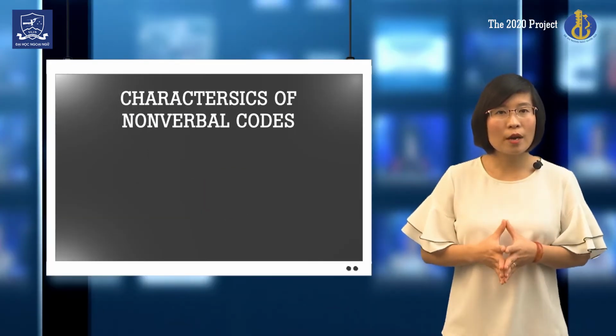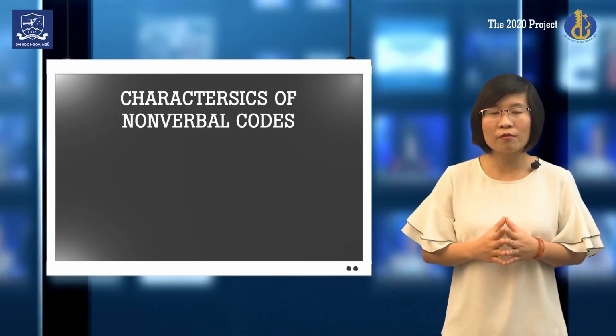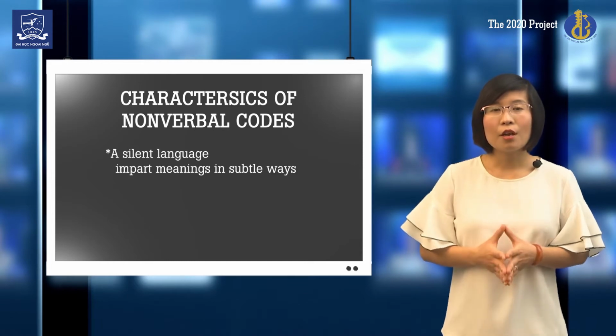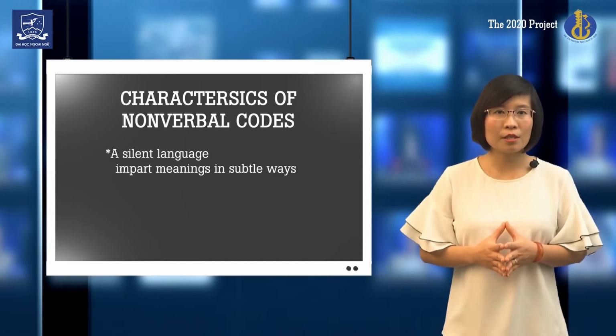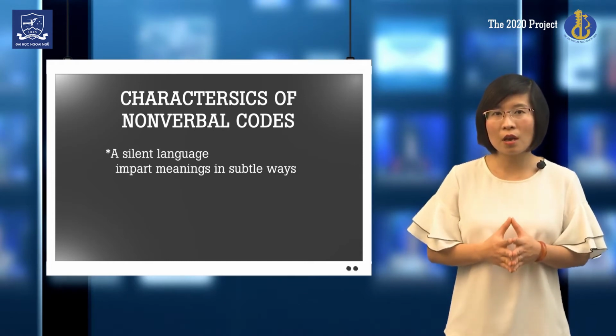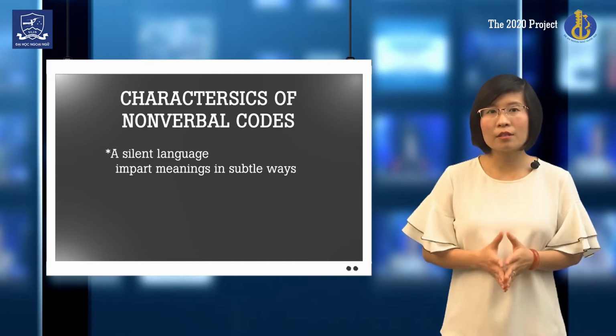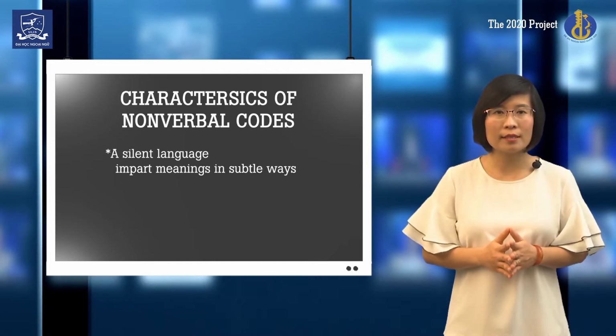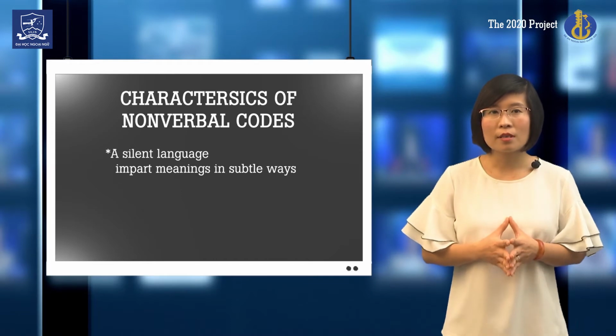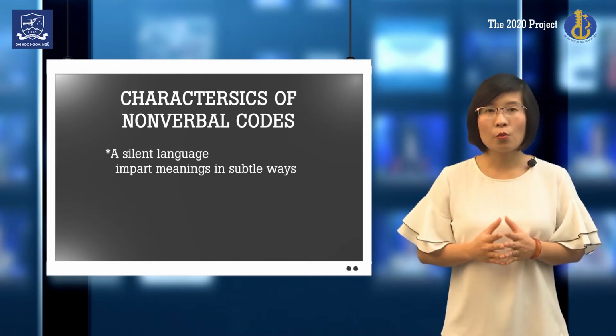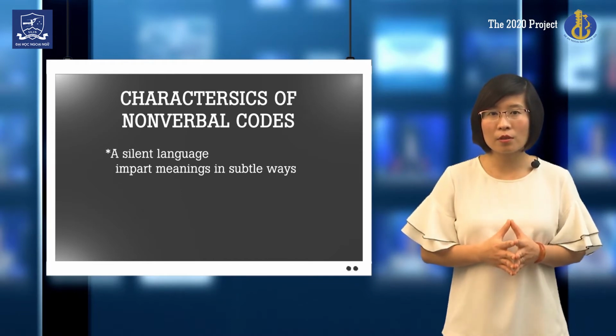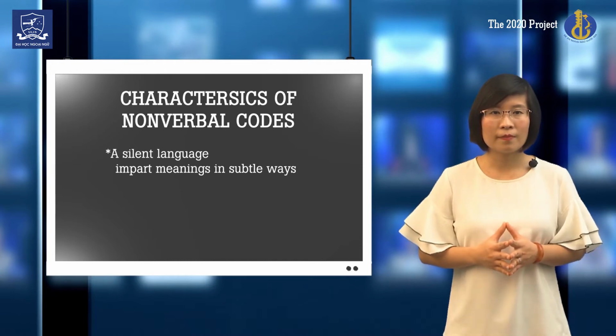Now, let's talk about the characteristics of nonverbal codes. First, nonverbal communication messages function as a silent language and impart their meanings in subtle ways. People process nonverbal messages with less awareness than they process verbal messages.